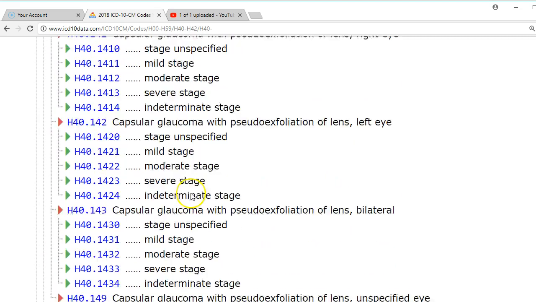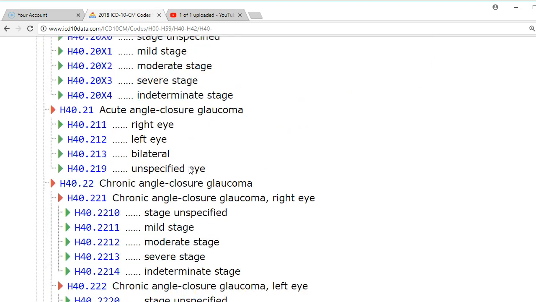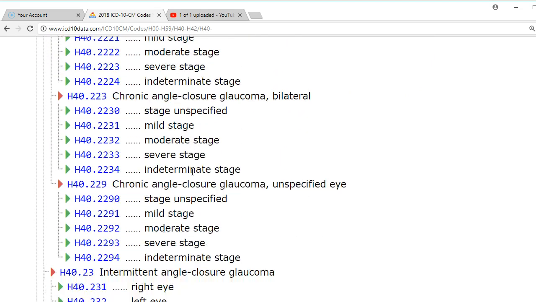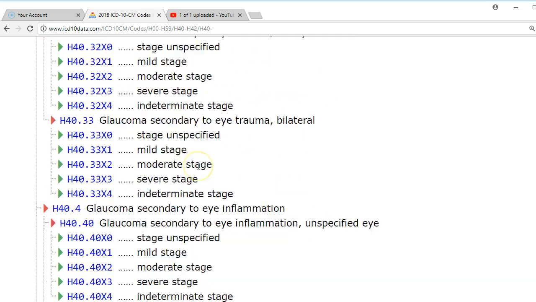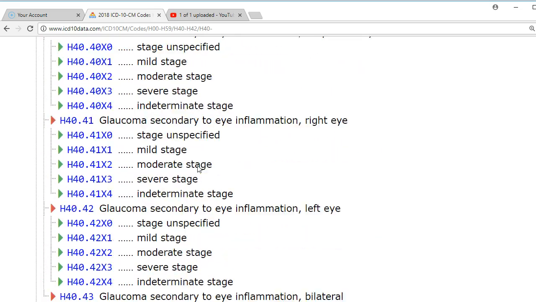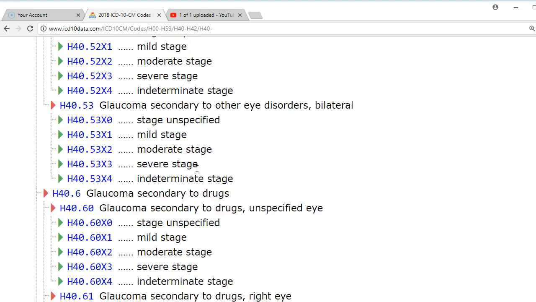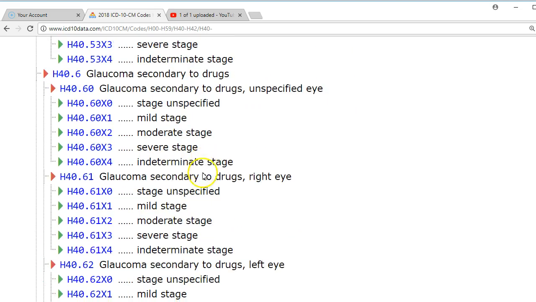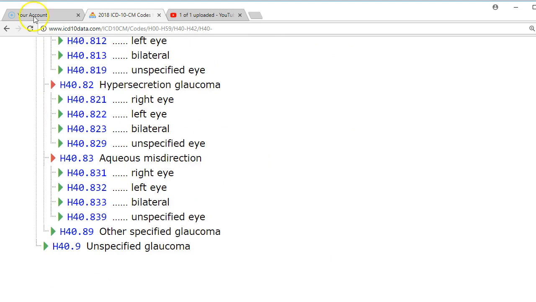Again, with capsular glaucoma, residual stage glaucomas, acute glaucomas, chronic glaucomas, intermittent glaucomas, so you name it. Again, there's a lot of different types of glaucomas here. What we need to be careful for, again, is what eye has what. And it's worth slowing down a little bit to make sure that you have the proper codes.